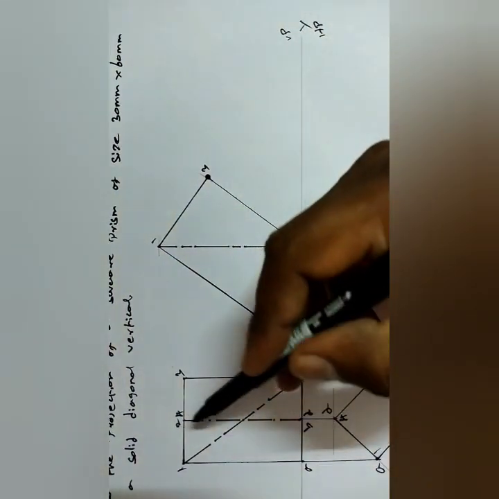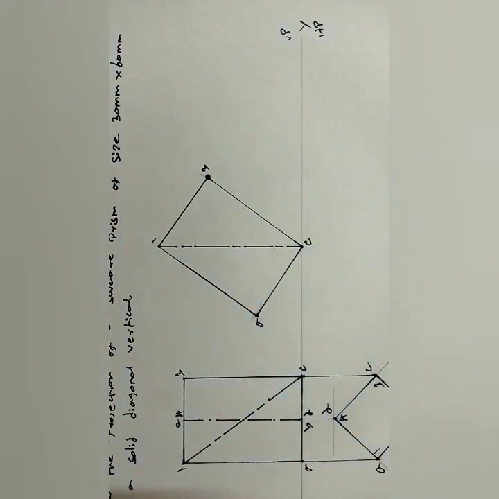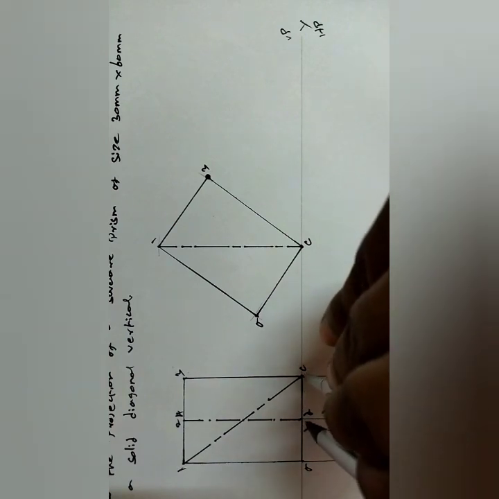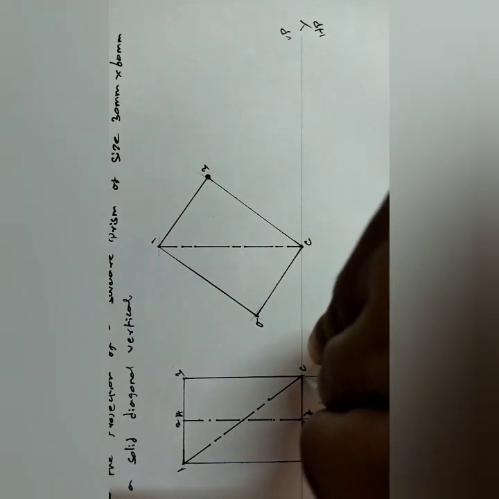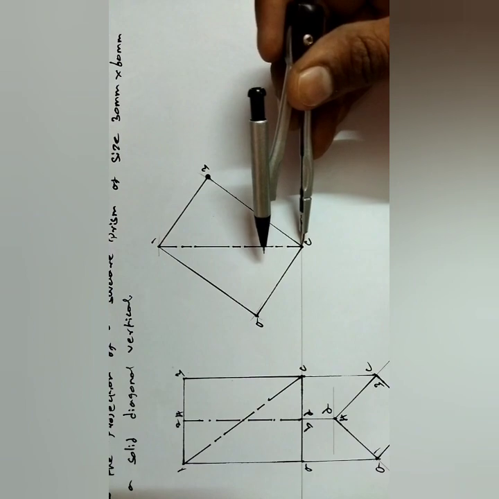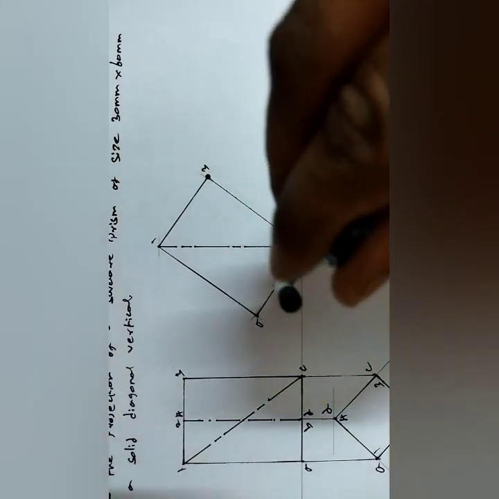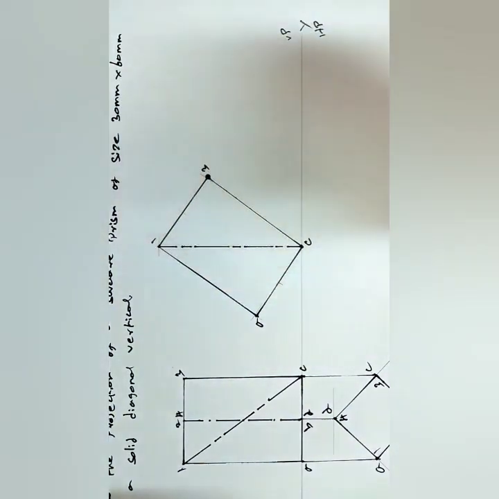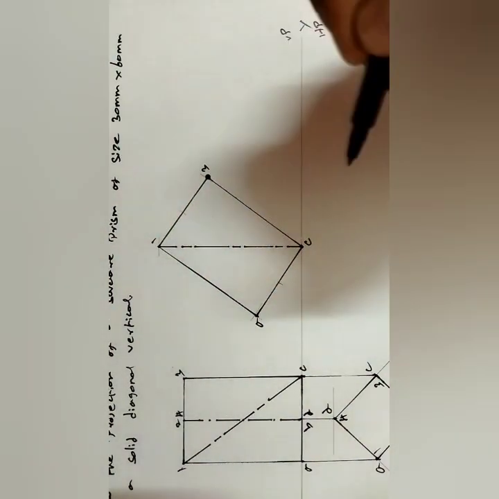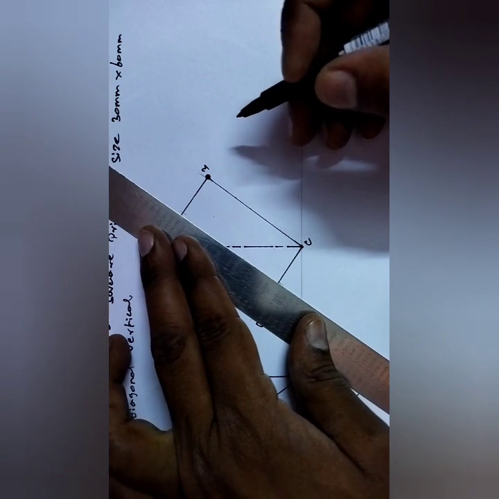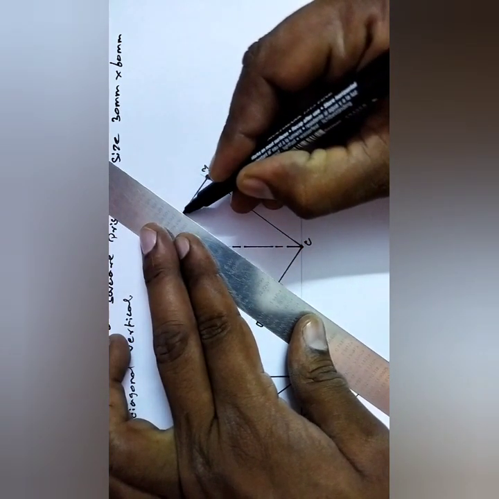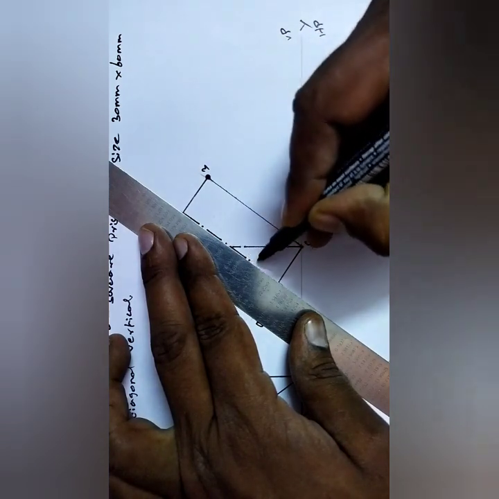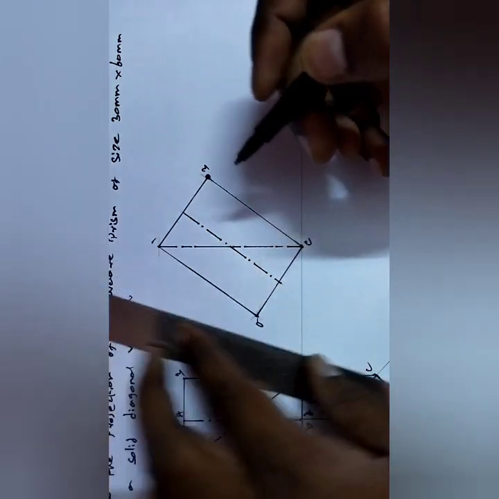The next is the center line. To draw the center line, measure the distance from C to B or A to B; I will measure from C, and you will get the center line.